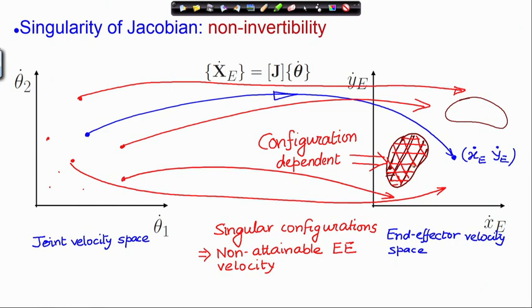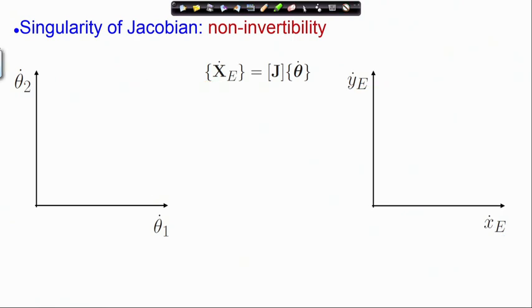They exist only for singular configurations. For non-singular configurations, everything is achievable. So, for non-singular configurations, you can produce arbitrary velocity of the end effector, but at singular configurations we cannot produce certain velocities of the end effector.